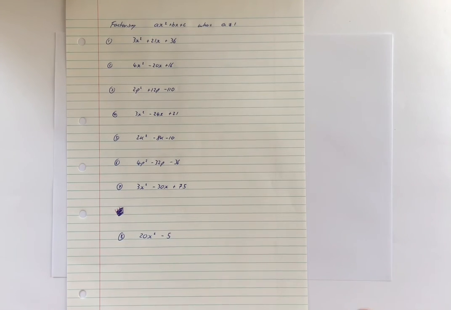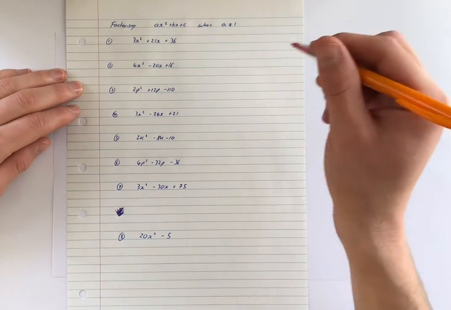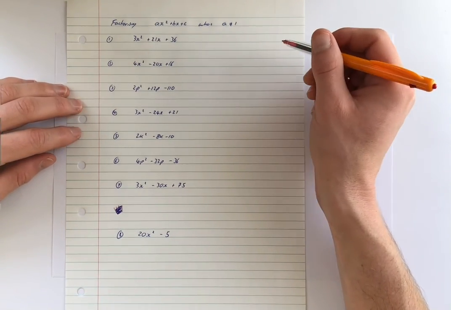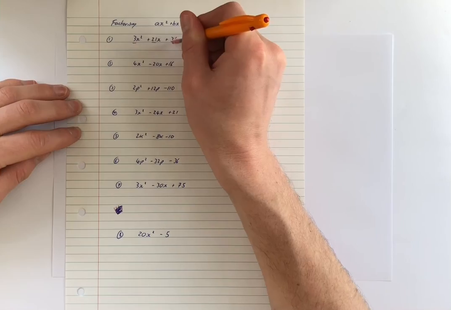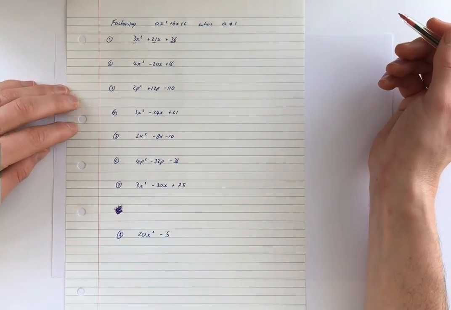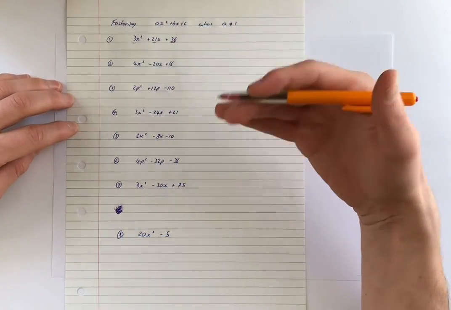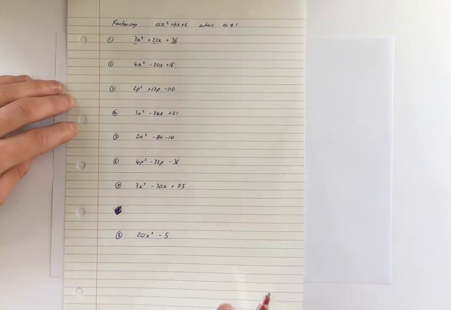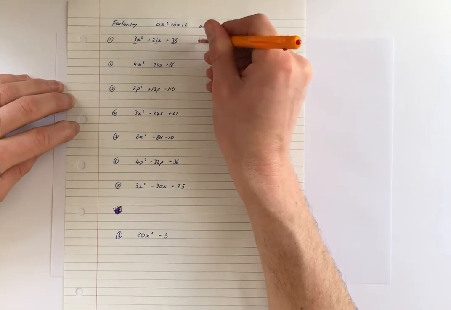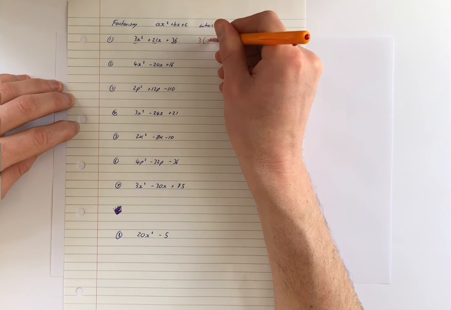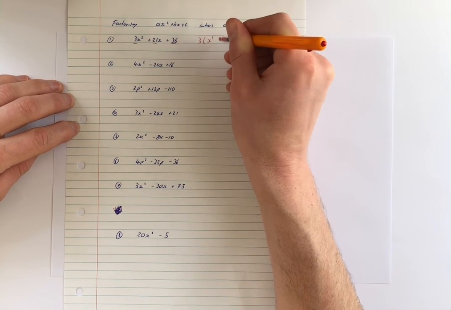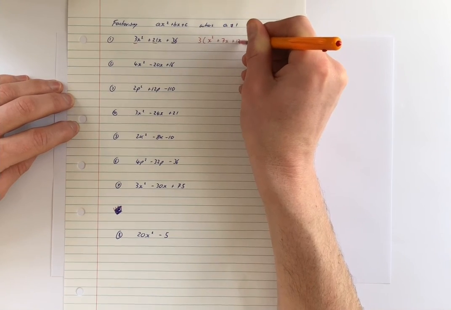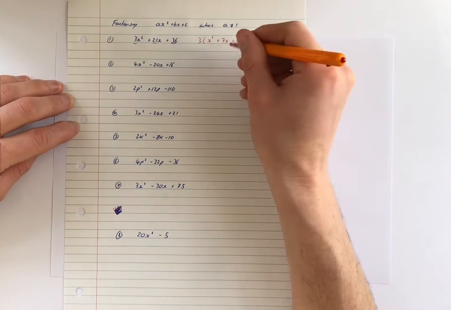Okay. First question, we have 3x squared plus 21x plus 36. Do those numbers share a common factor? You'd hope so, since this video is about the pretender. So a 3 can indeed come out, leaving 3 out the front, bracket x squared plus 7x plus 12, close bracket.